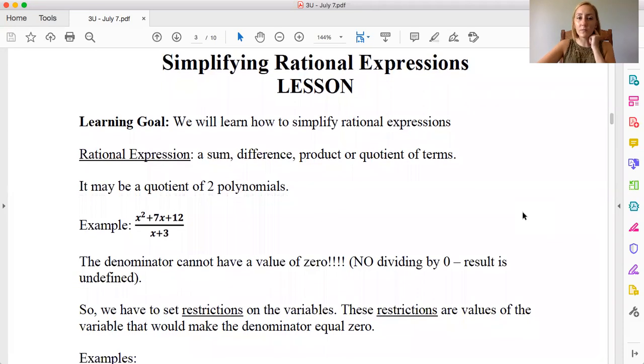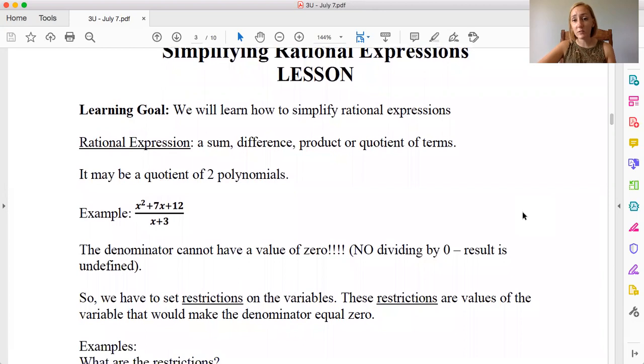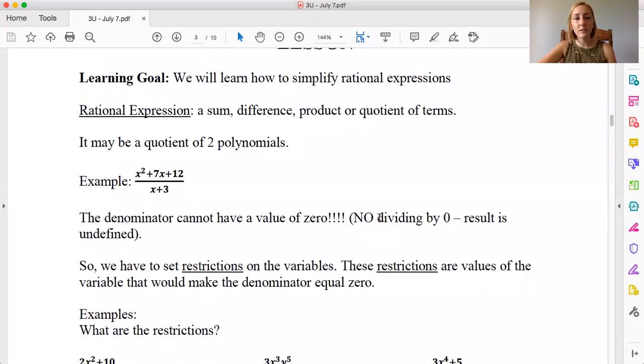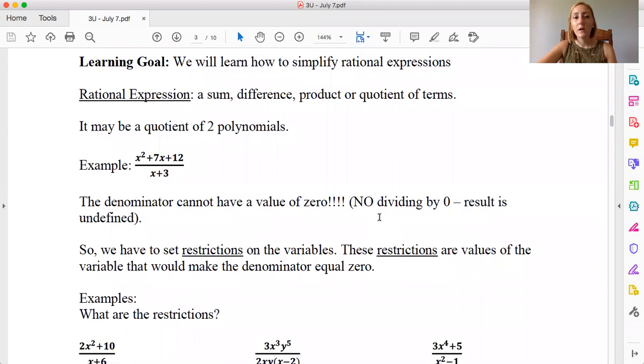So the learning goal for today is to simplify rational expressions. Rational expressions are equations that are in fractions. So there is quite a bit of work, and it is possible to make quite a few mistakes just from not seeing something. A rational expression is a sum, a difference, a product, or quotient of terms.